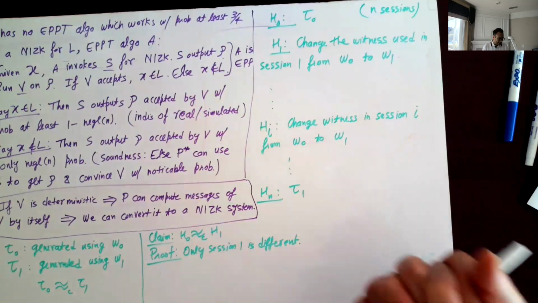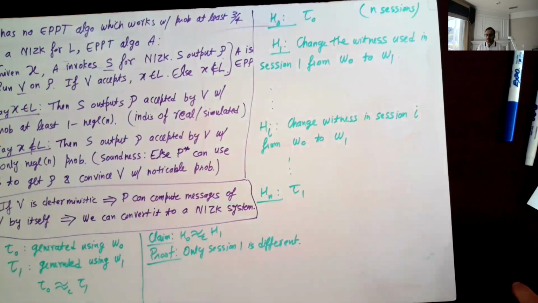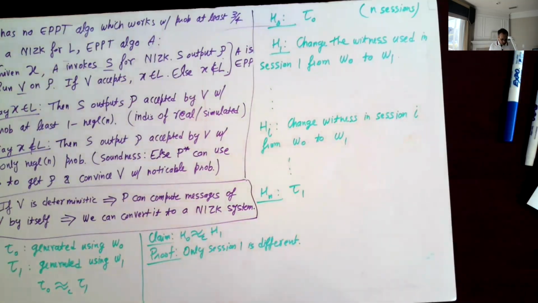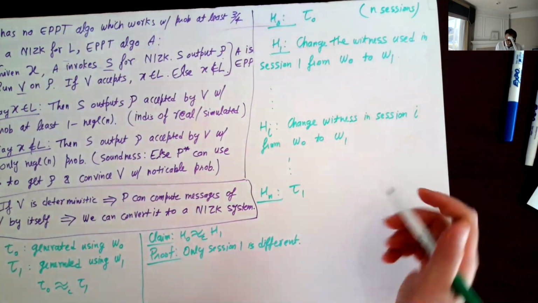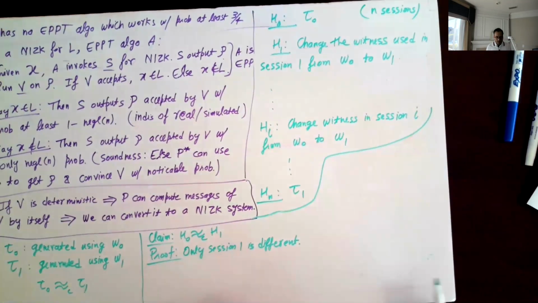And if you look at a single session, we already proved that the three round graph isomorphism protocol is zero knowledge. Another option is we can try to do it more explicitly, and maybe that will be helpful. So maybe let's try to do it a little more explicitly.